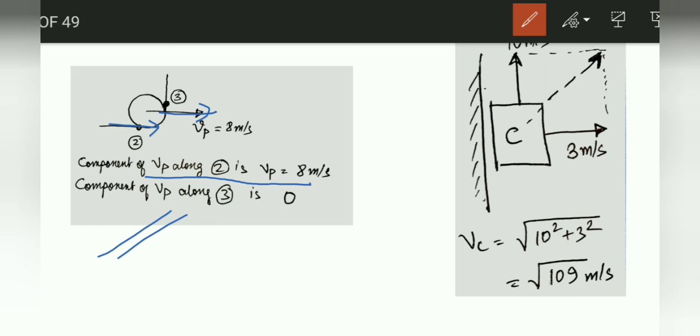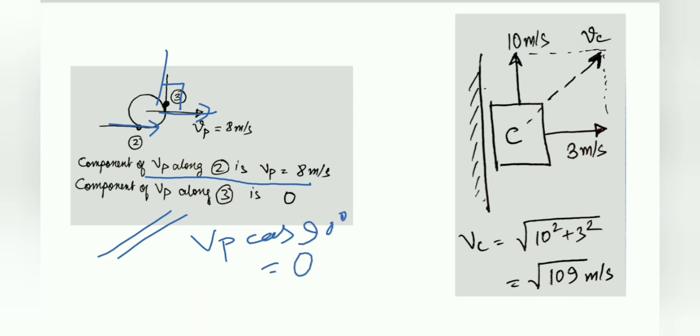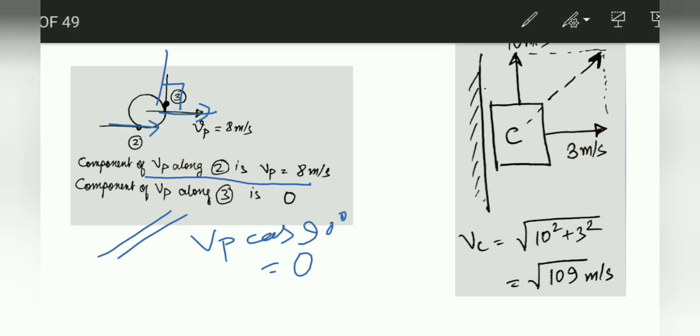But here it is not, because it is totally 90 degrees. So the component will be 0, because the VP component along 3 is VP cos 90 degree, that is 0. But wait, 10 meter per second, minus, then it is going upward.